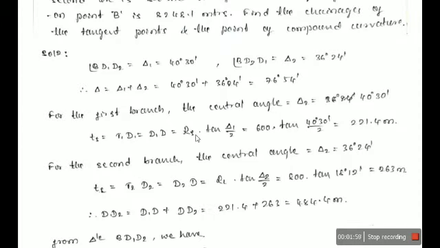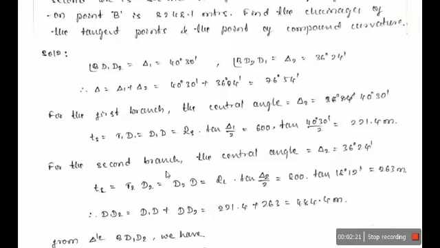Here it is the shorter tangent, so RS, the shorter radius, multiplied by tan of delta 1 by 2. Put in the respective values and simplify, and we get 221.4 meters.